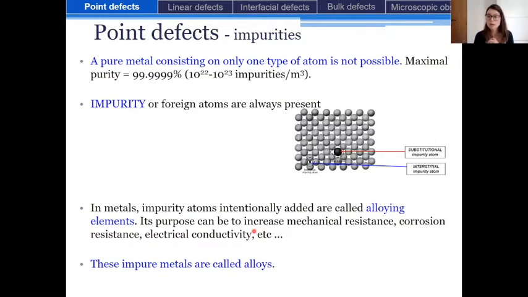Or we can also add an alloying element to improve the corrosion resistance of a material, or to improve its electrical conductivity, and so on. So in many applications, or to tune some properties of materials, we can incorporate alloying elements. These impure metals are called alloys.